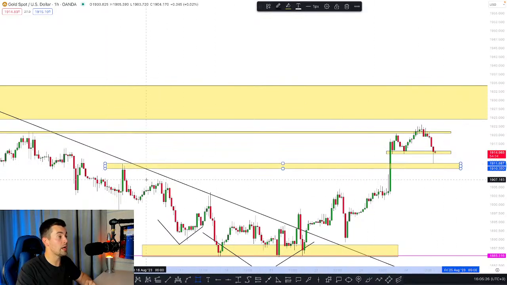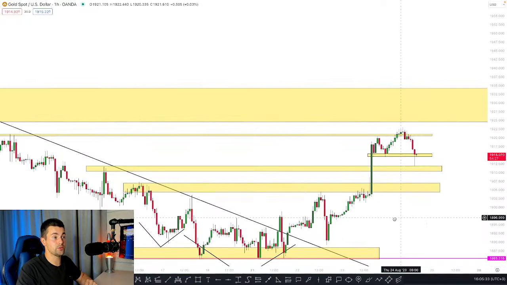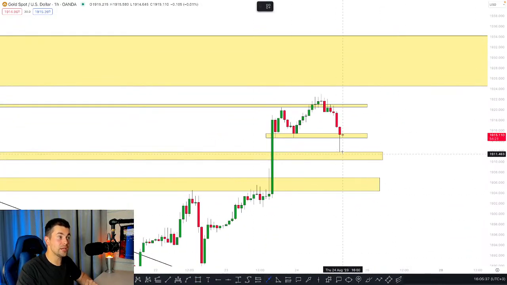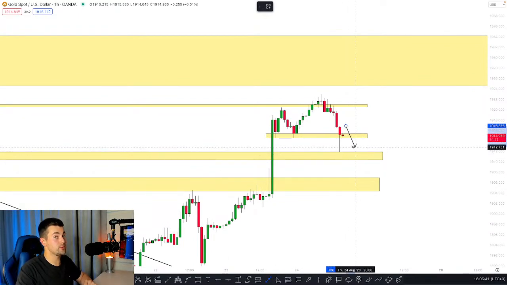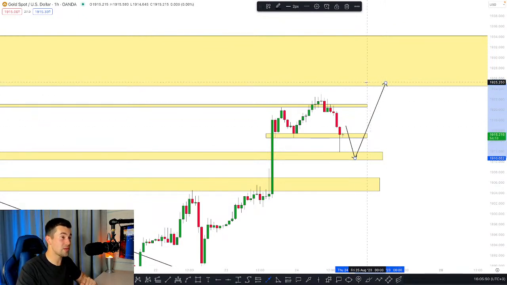So here on gold, we have a lot of different intraday supports lying very close to each other. And my take is that big players will apply these supports to grab the liquidity. Yes, from these supports, big players will grab the liquidity that they need to push the prices higher to that resistance.